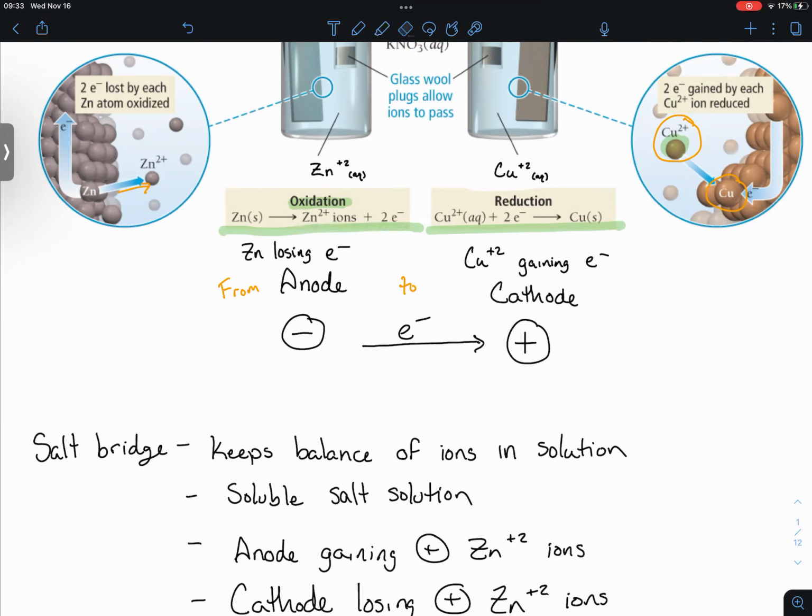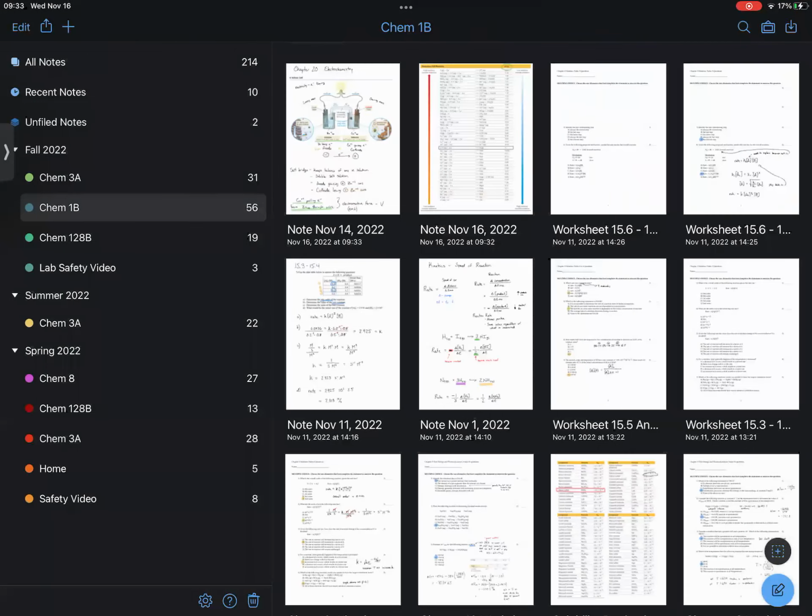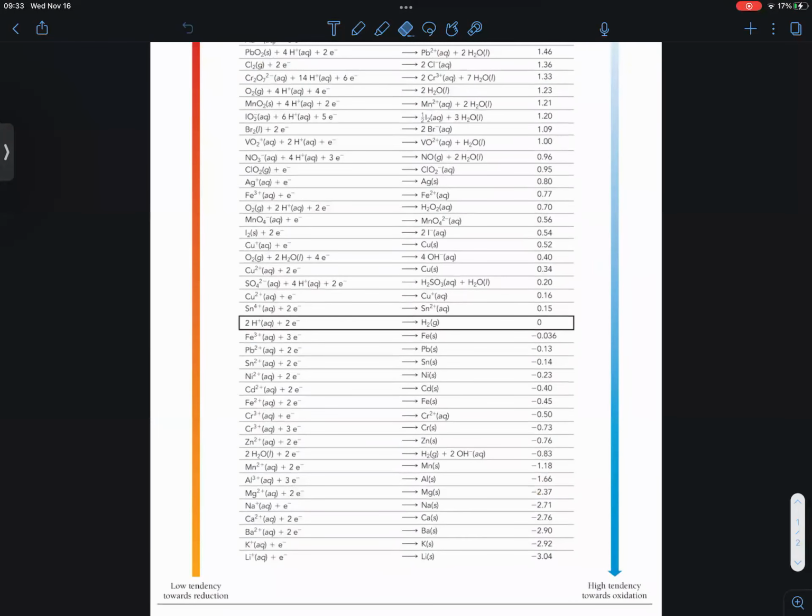That's what's going to be listed on our table. And so that would correspond to this entry here. All right, this is our reaction that we were looking at at our anode, but in the reverse direction.